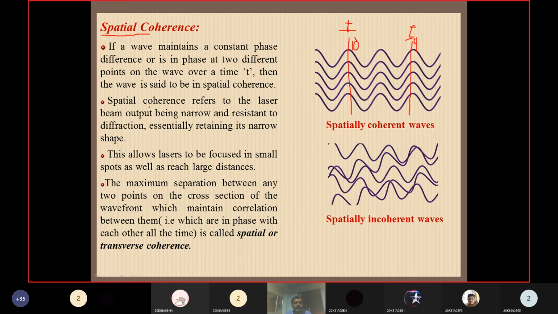Spatial coherence refers to the laser beam output being narrow and resistant to diffraction, essentially retaining its narrow shape.